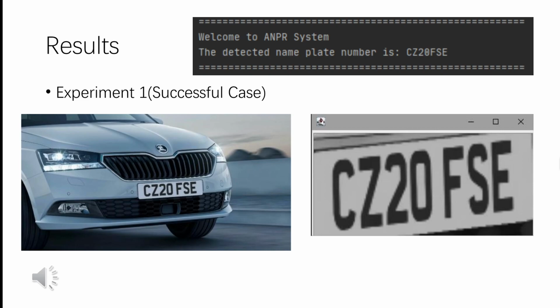The expected correct value is CZ20FSE, and as shown in the right figure, our ANPR program successfully cropped and outputted the number plate by removing the noise. And the figure at the top shows that the output license plate value also matches our expectation.